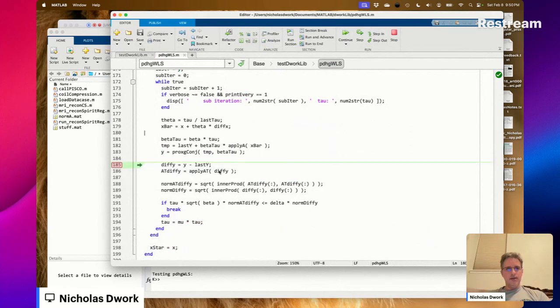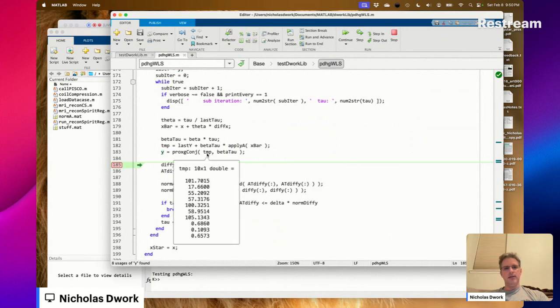So why is that giving an issue? Last y is 10 by 1 and y is 13.